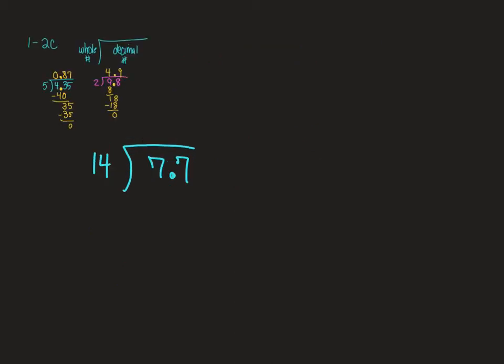All right, let's try this one. First thing I've got is buttons on a snowman. Get my decimals lined up correctly. 14 cannot go into 7, so I put a 0, but 14 can go into 77. Well, I'm not quite sure, so I'm going to do some scratch work.